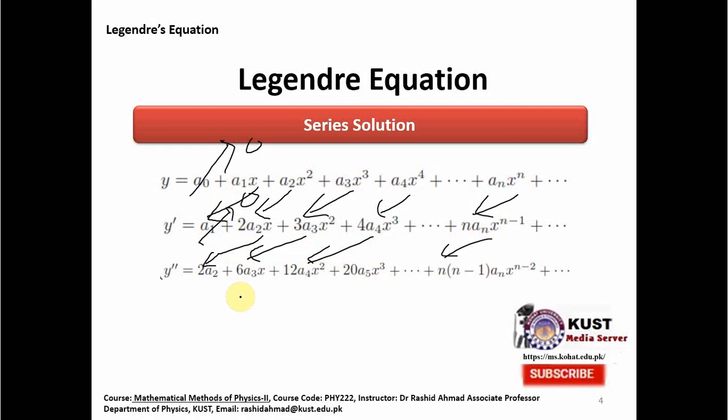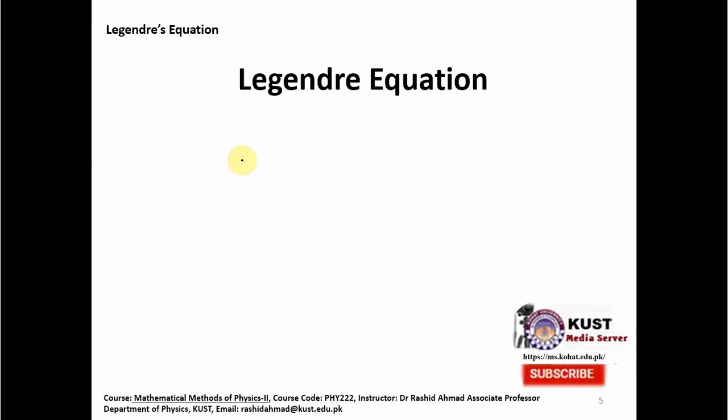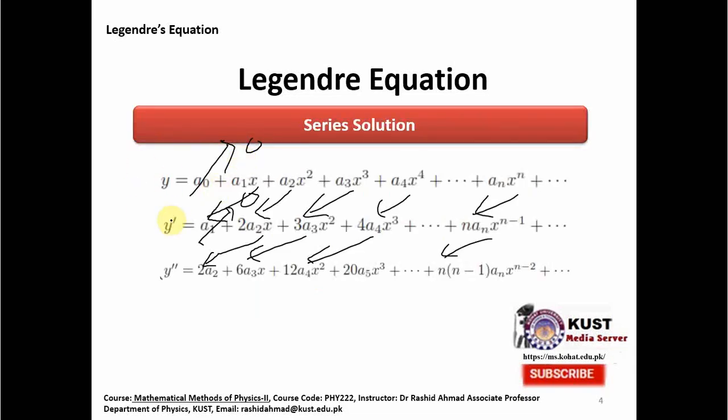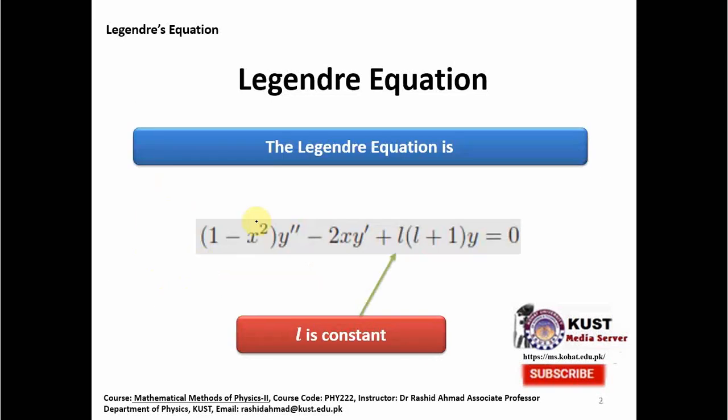So after completing the differentiation with respect to x of this series, now is to go towards substituting these values. So what we will do now is take this y prime and y double prime and put them back into the Legendre equation over here. So we will put the y double prime value over here. Every term will now be multiplied with 1 minus x square.